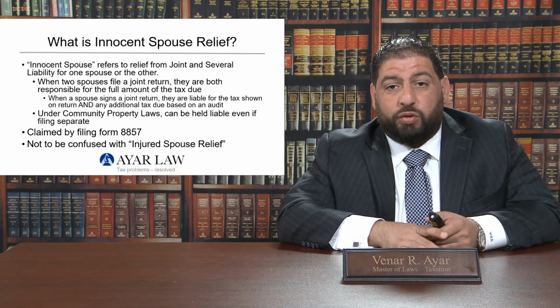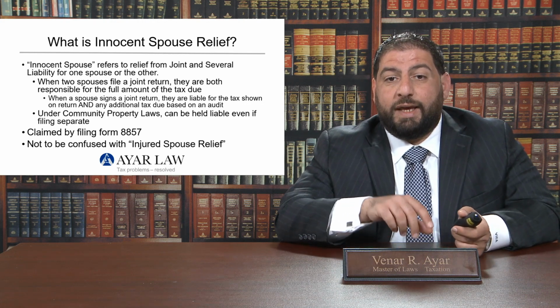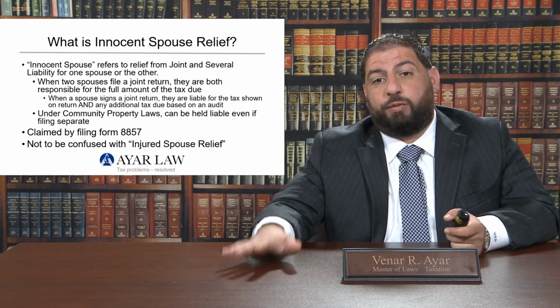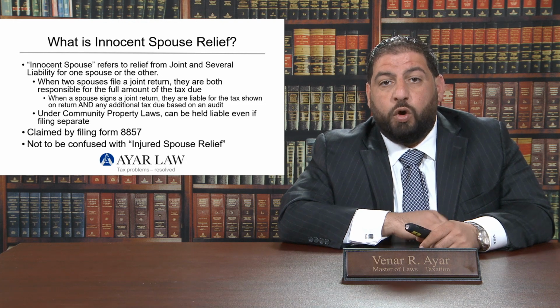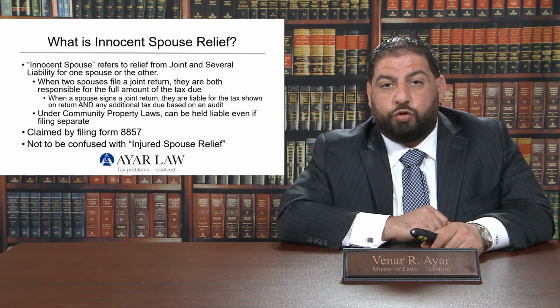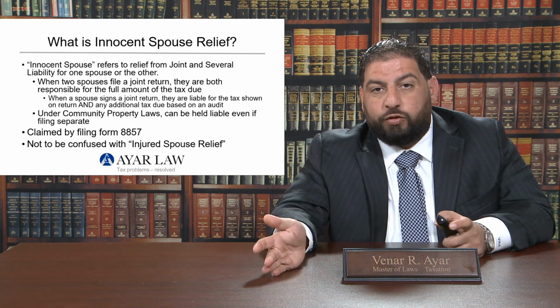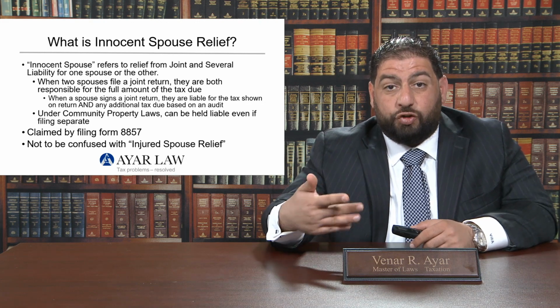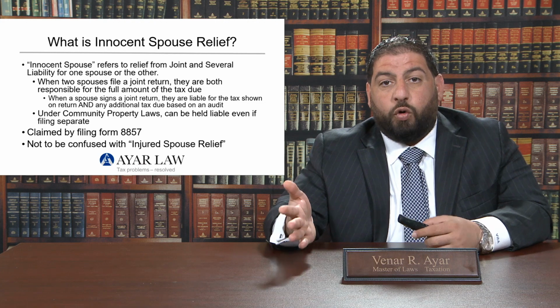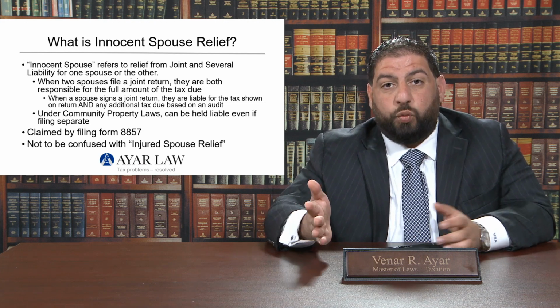Now, innocent spouse relief is not to be confused with injured spouse relief or injured spouse allocations. Injured spouse relief refers to when two parties want to file a joint return and one spouse owes the IRS money and the other spouse doesn't. You would do an injured spouse allocation in order to allocate the refund.